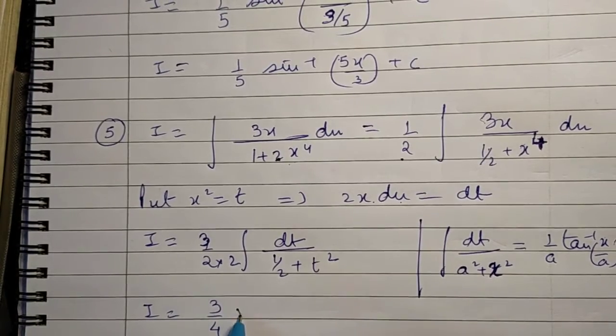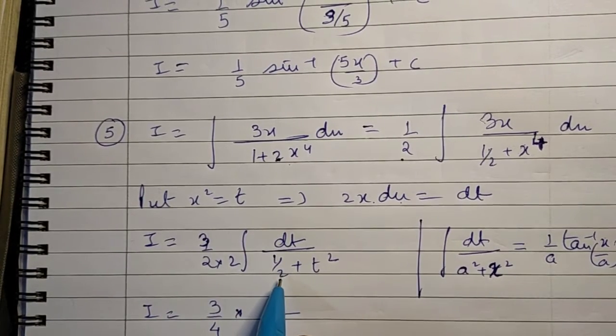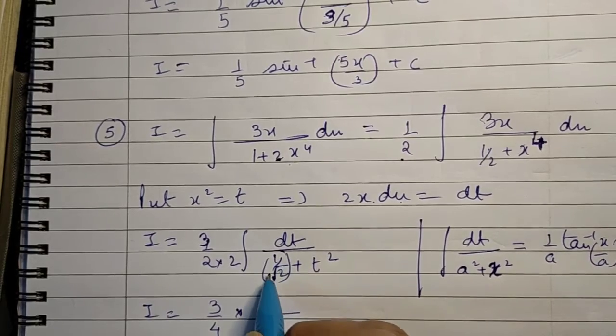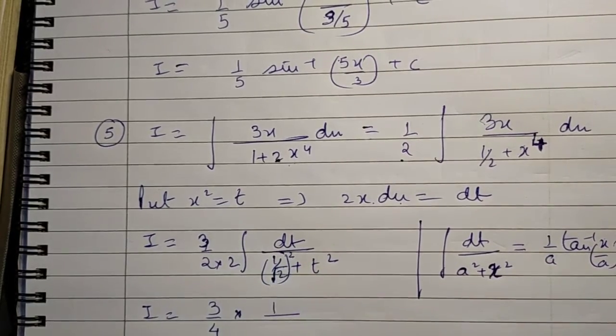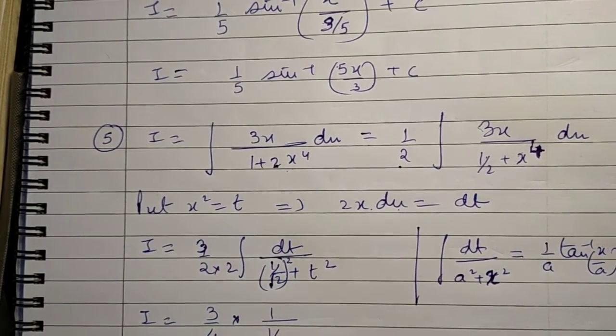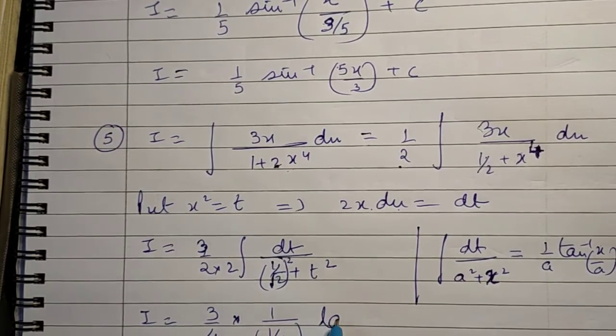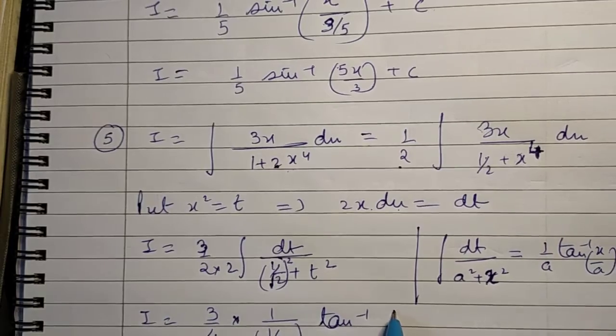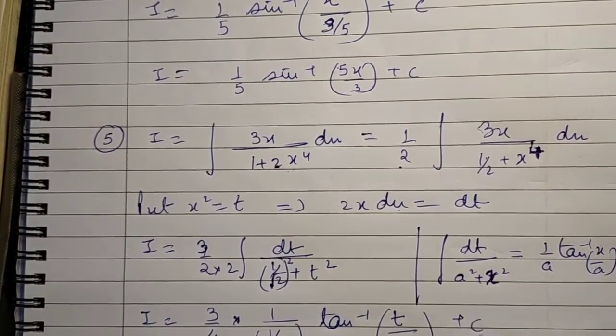Now 1 upon a is 1 upon under root 2, because see here we have to have a square term, so we can write it as 1 upon under root 2 whole square. Now what do I get? 1 upon under root of 2 tan inverse t upon a. So t is this, 1 upon under root of this plus a constant.